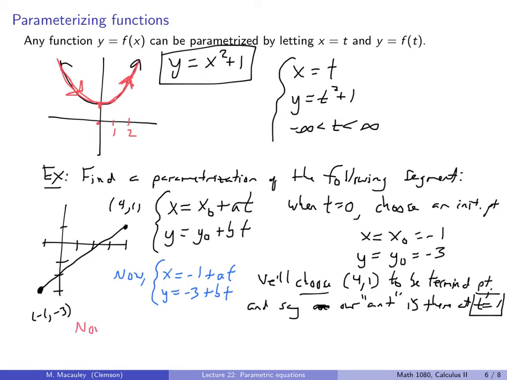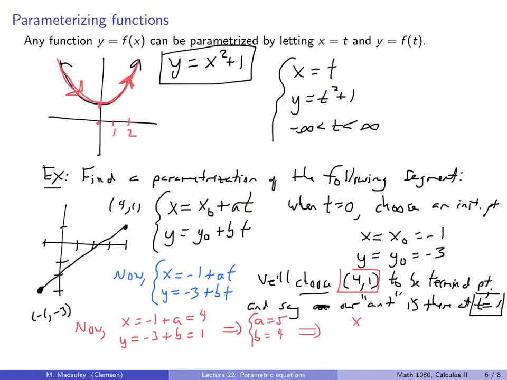So now x equals -1 plus a, and y equals -3 plus b. See how easy it was when I chose t equals 1? I could have put something else in, but, oh, and I should say we chose 4, 1, so x has to be 4, and y has to be 1. So now you can see that a equals 5, b equals 4.